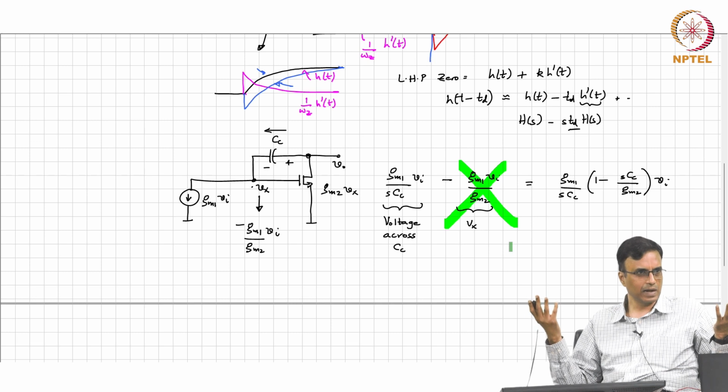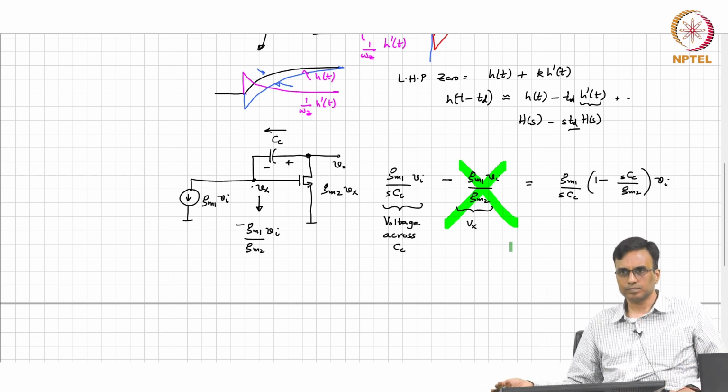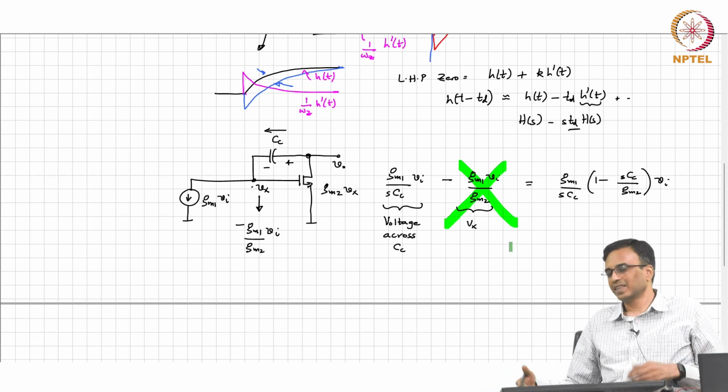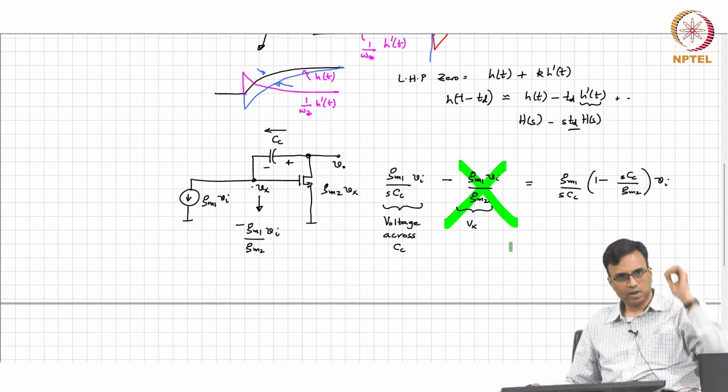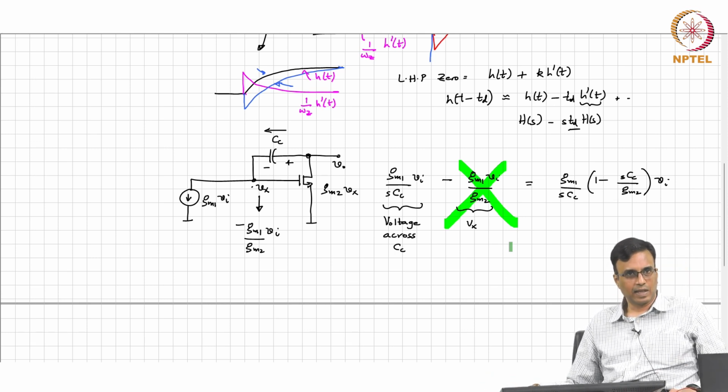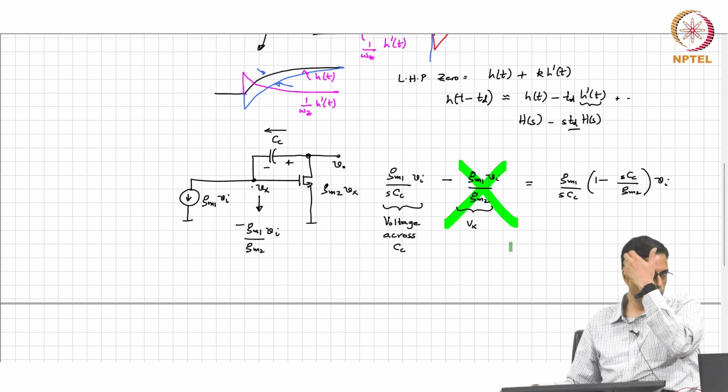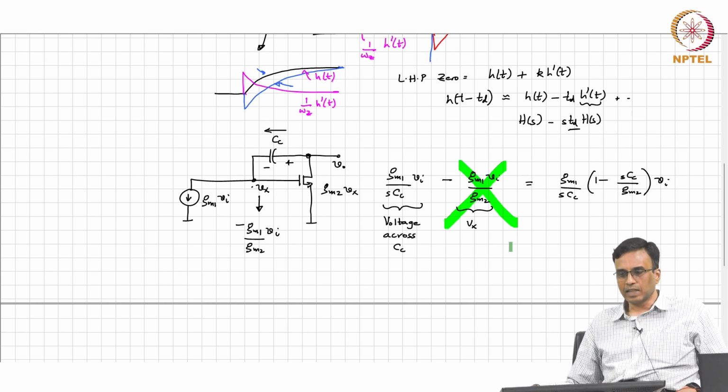Mathematically that sounds great, but in practice what problems will we have? Yeah, the transistor is going to become large, lot of power, etc. So, that is not a particularly smart way of doing it, right. The other way that we can try is to basically subtract Vx.